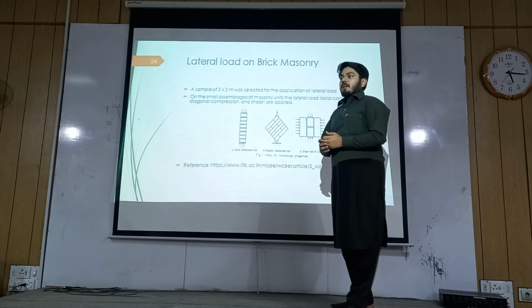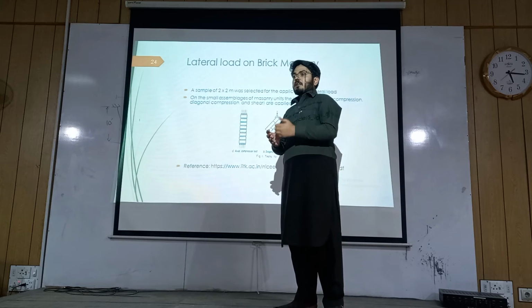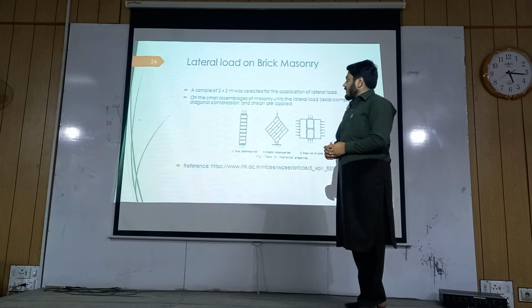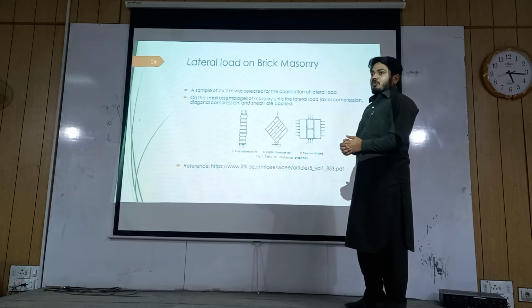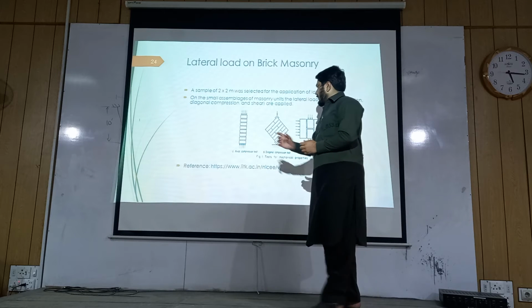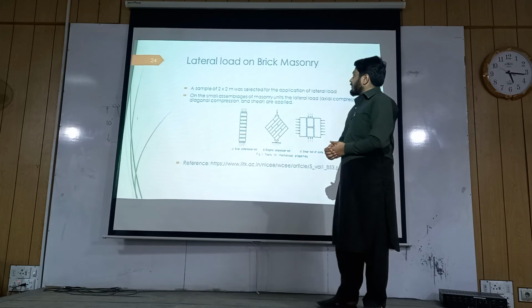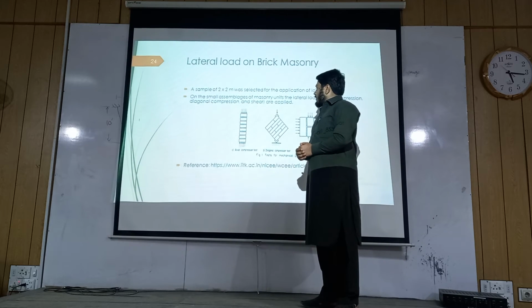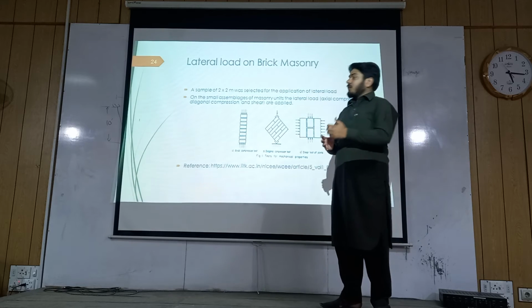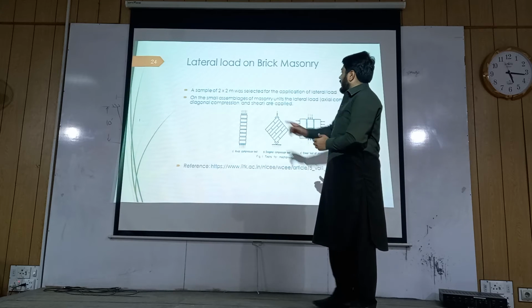For our experiment, we have studied different research papers, and we have concluded dimensions of 2 × 2 meters, where we applied some compression forces like axial compression, diagonal compression, and shear compression. We will study only the shear compression.